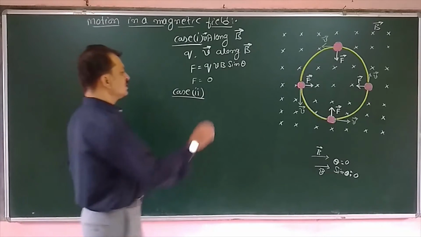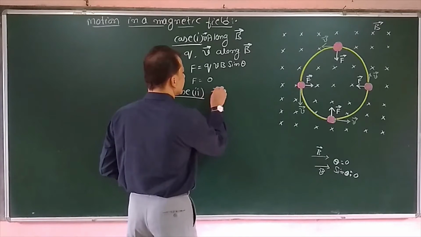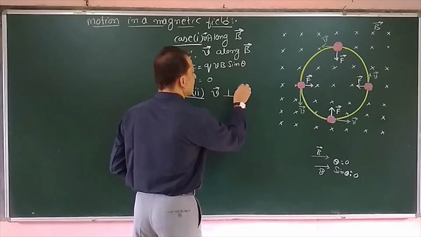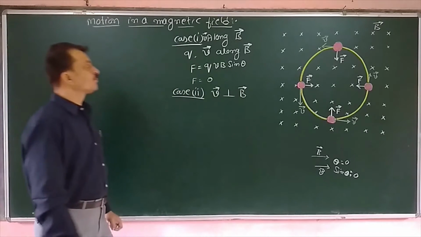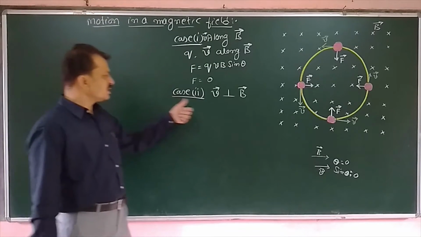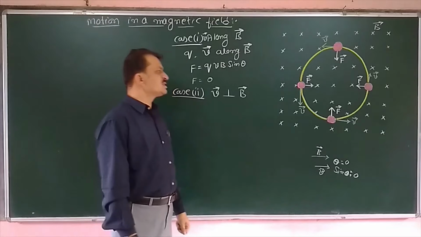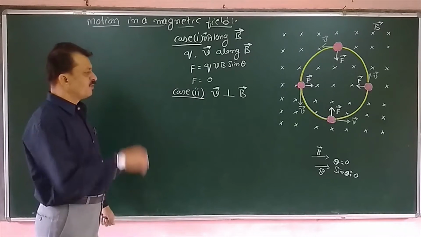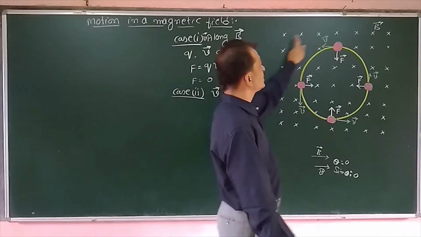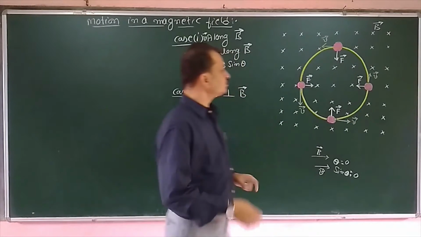Now, the second case is where we are considering the velocity vector perpendicular to the magnetic field vector. In the earlier case it was along, that means parallel or anti-parallel. Now in this case, the velocity vector is perpendicular to the magnetic field vector. This case is as shown in this diagram.